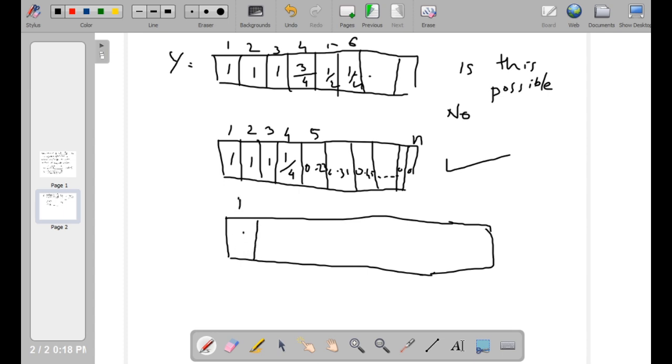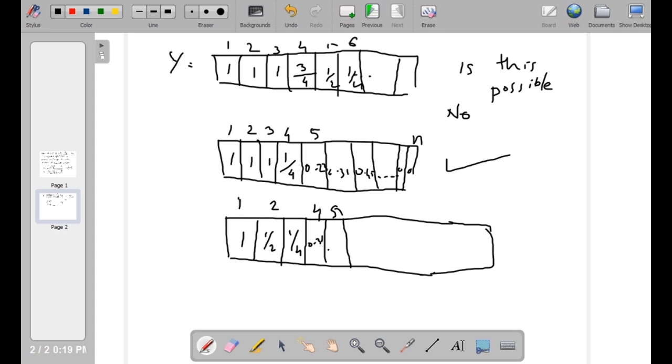First item, he picks one complete block. Second item, he didn't pick a complete block, he picked half. Third item, he picked 1/4. And fourth item, he picked some 0.3 portion. So definitely we know capacity is there in the knapsack. He can pick more items.